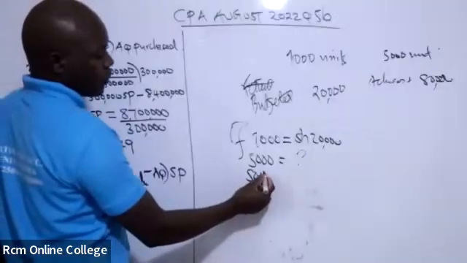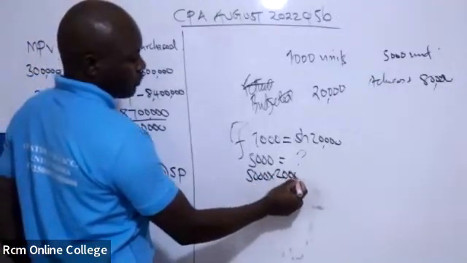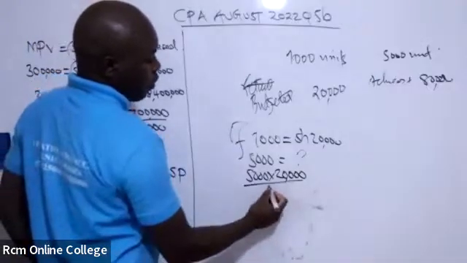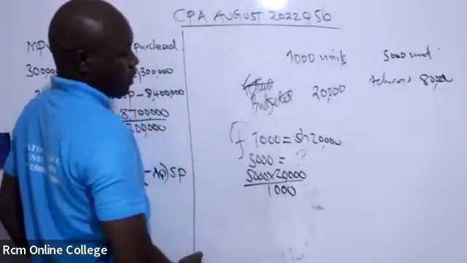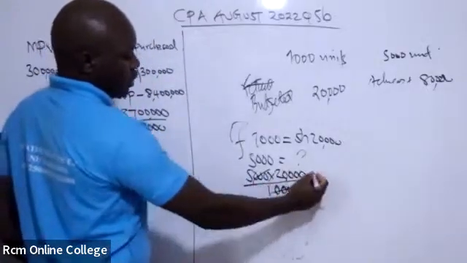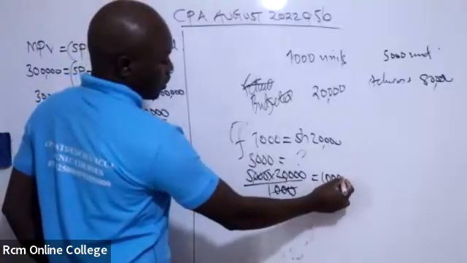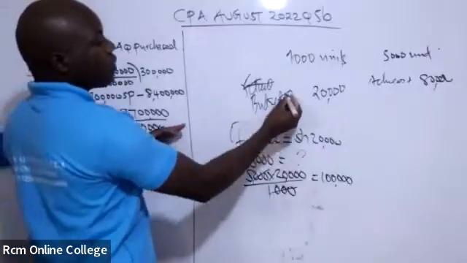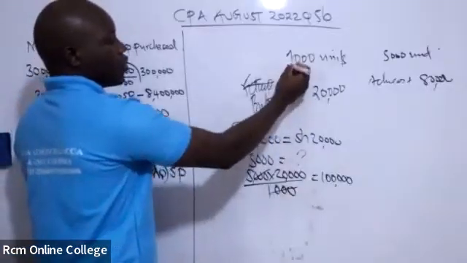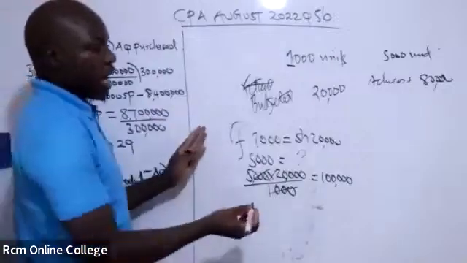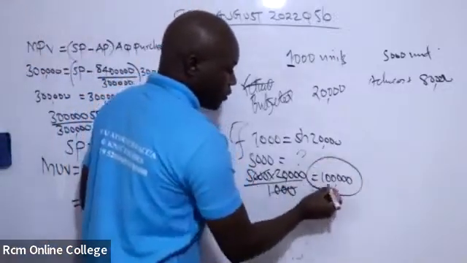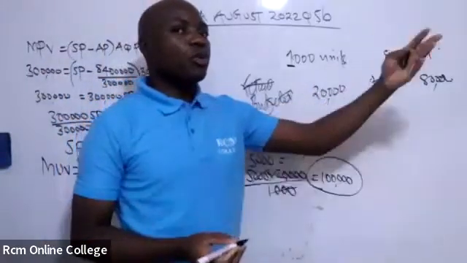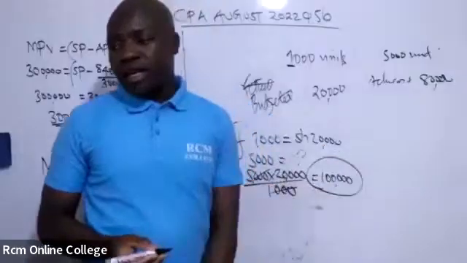So talk about 5,000 times 20,000 divided by 1,000. When you cancel this, it gives you 100,000. So once you equate the units, if I were to use budgeted production of 5,000 units, I would have talked about a budgeted amount of 100,000. Then I now compare with the 5,000 units that have actually been produced, which the company incurred 80,000.